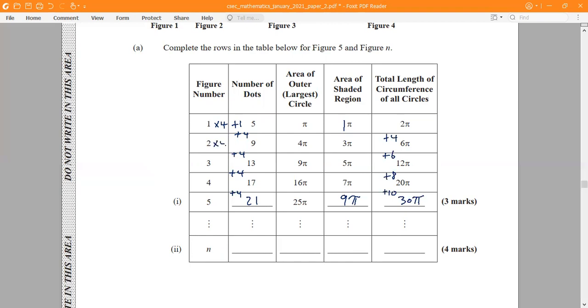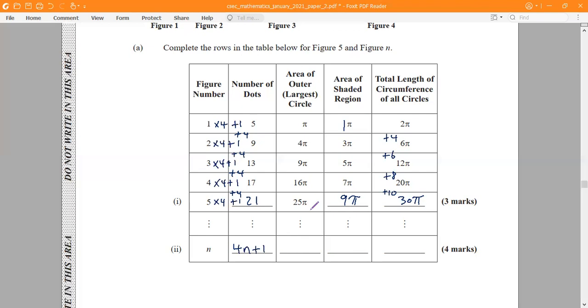So 2 times 4 is 8, plus 1 is 9. 3 4s are 12, plus 1 is 13. 4 4s are 16, plus 1 is 17. 5 times 4 is 20, plus 1 is 21. So what we need to do is multiply 4 times n, plus 1. We write it like this: 4n plus 1.